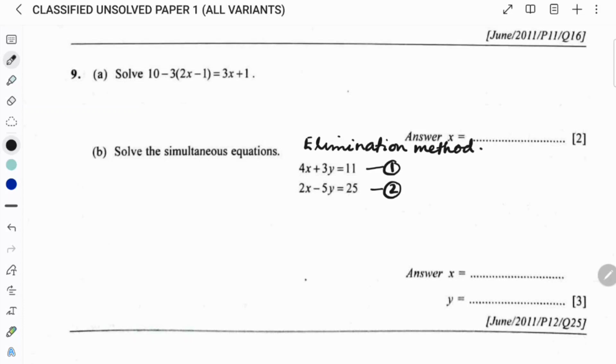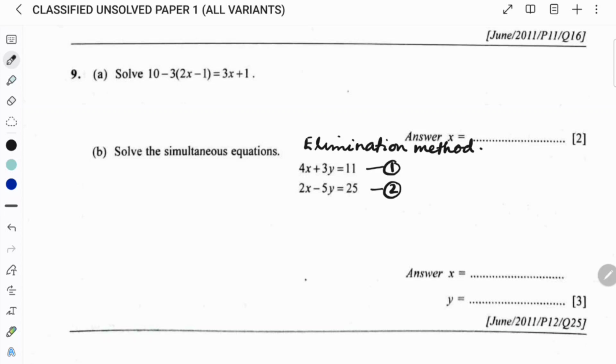Right now I can see that the y terms have opposite signs and the numbers are 3 and 5. It's easy. However, 4 and 2 are also easy numbers to make the same coefficient, but we would need to change the sign. You can make the x coefficient the same by multiplying the first by 2 and the second by 4.